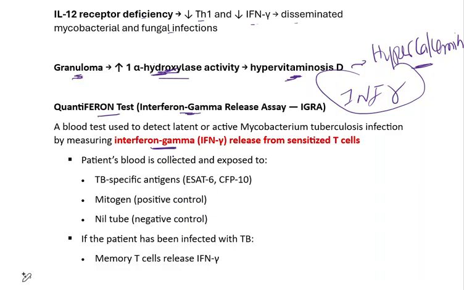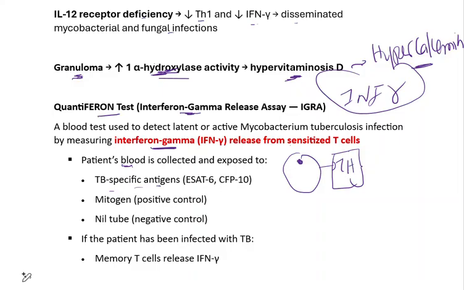So what you do, you take the blood from the patient, and then you expose it to antigen, like TB antigen. So let's say that patient has been exposed before. Remember, we mentioned earlier that when the patient is exposed to an antigen, the antigen presenting cell takes it up and eventually presents the antigen to T cells, right?